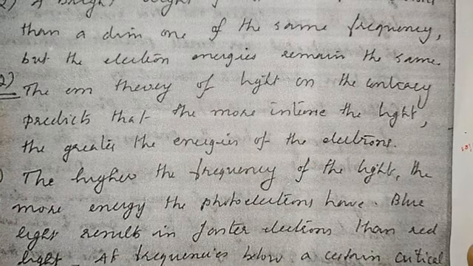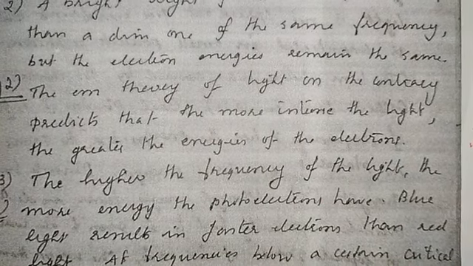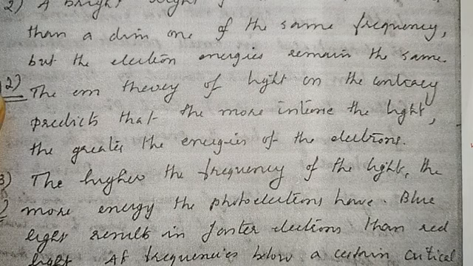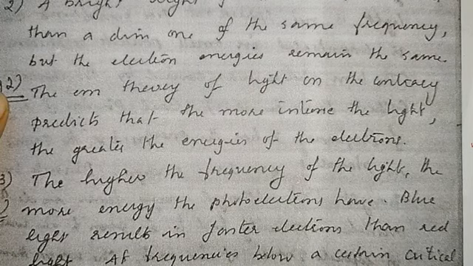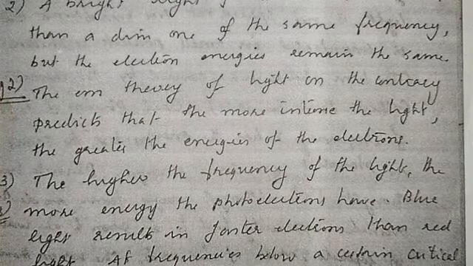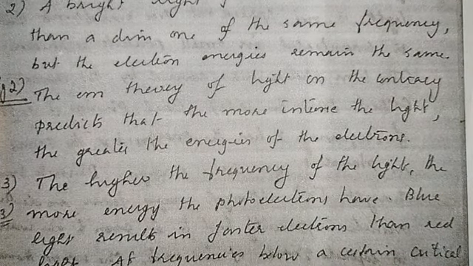So we could see from experiments that when the intensity of light is very high, more electrons are emitted from the metal surface. That is, when the intensity of the falling light is very high, the number of electrons emitted from the surface is high, and when it is less, the number of electrons is reduced.